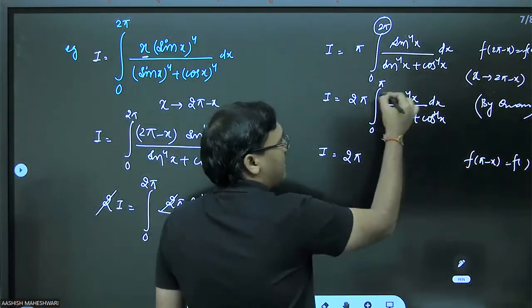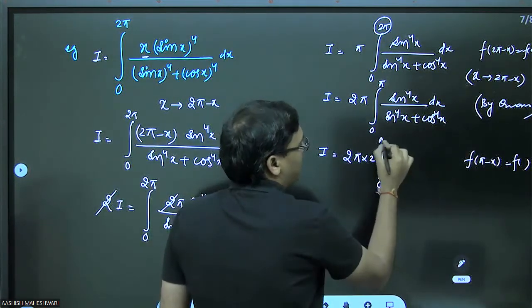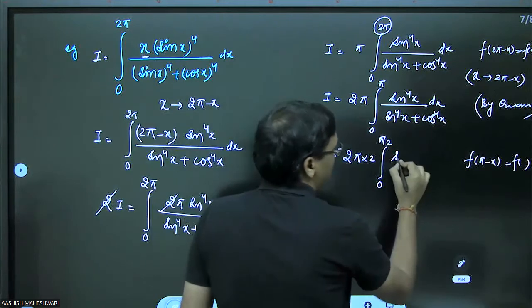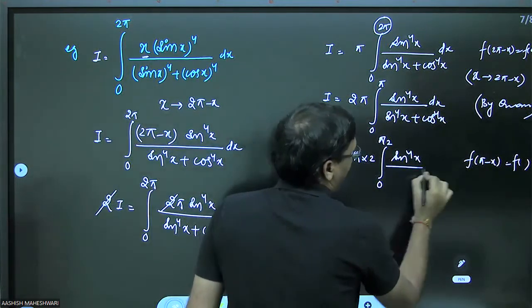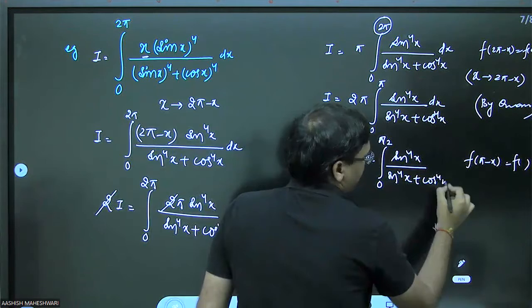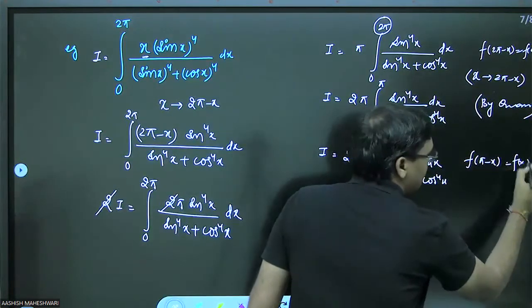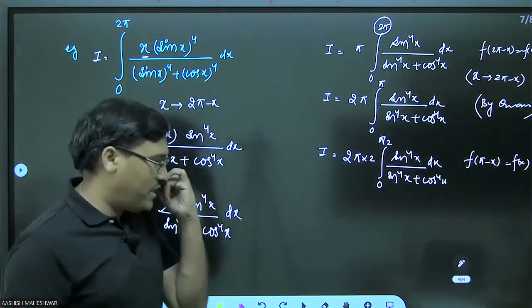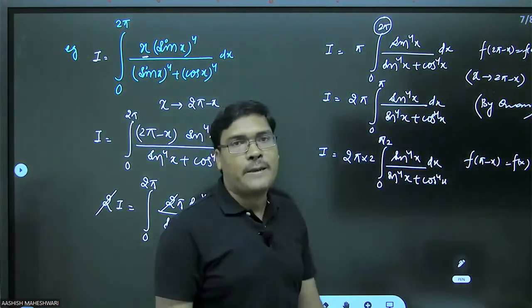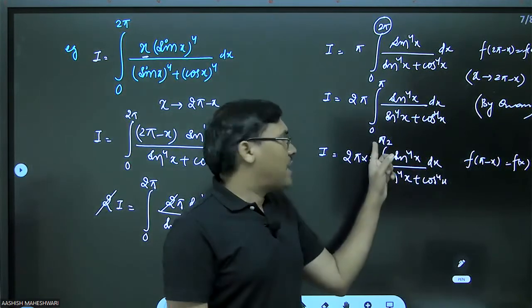Now again I'll half this and I'll write this is 2, 0 to pi by 2. You can see I have applied queen property again. This is sin x raised to 4 upon sin x raised to 4 plus cos x raised to 4. I hope this is clear. This is f of pi minus x is equal to f of x. This is 2a, and we took its half and wrote it here, right? This is clear. Now you see, we have pi by 2 here.